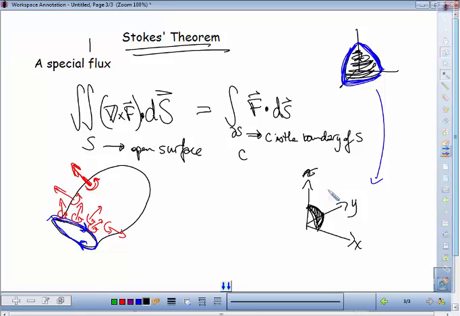Can you see this? I think I need to make it bigger. So if I make it a little bit bigger, my normal vector points towards the origin.